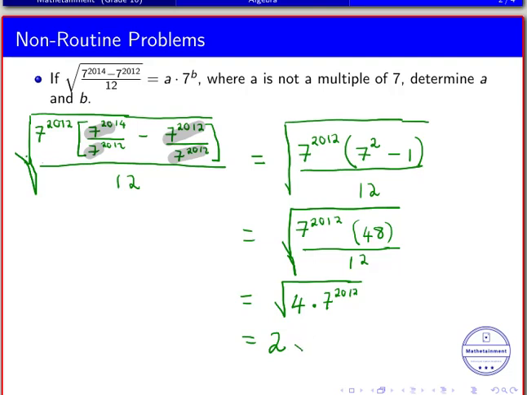Now we are left with the square root of 7 to exponent 2012. This is something I need to remind you of again. When you have an nth root, and within that nth root you have a number that is exponentiated to some exponent m, this is the same as a to exponent m over n.